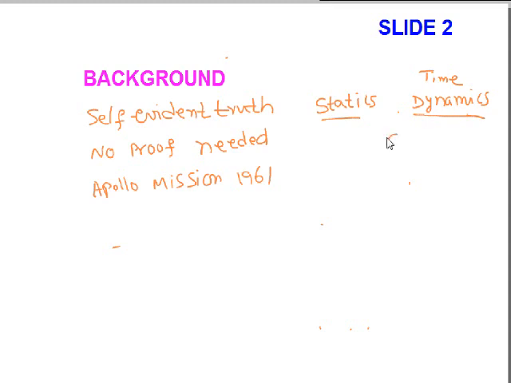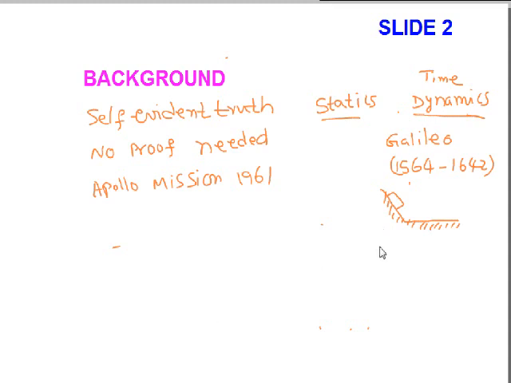Galileo, who lived during 1564 to 1642, laid the foundation for dynamics by studying masses sliding on inclined planes. He conducted several experiments and drew several conclusions from them.